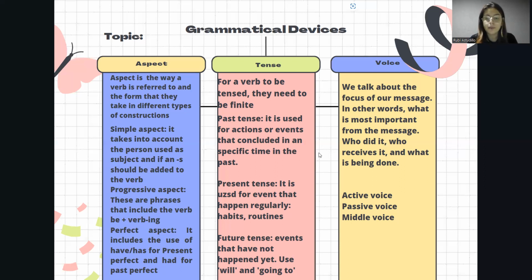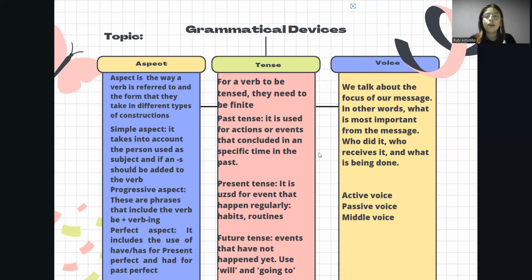We should be using passive voice. And also to know, if we're talking about a person, the person who did something, or the person who's getting the message of any specific thing that happened, or there's something that is being done. So for that, we need to have in mind these three things: active voice, passive voice, middle voice.